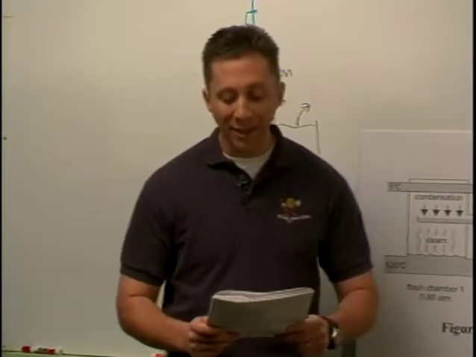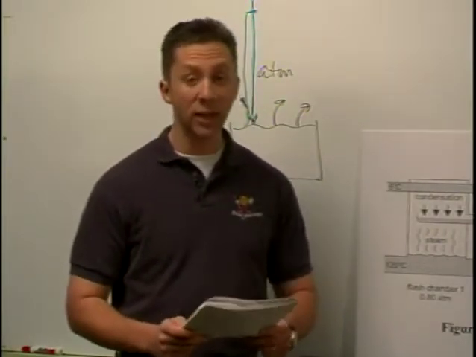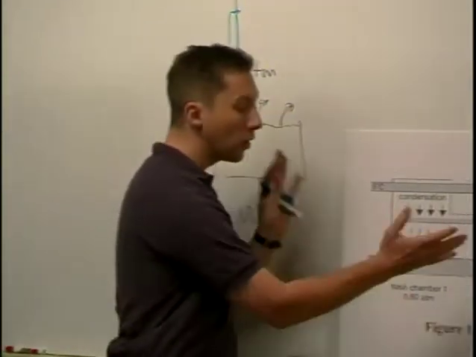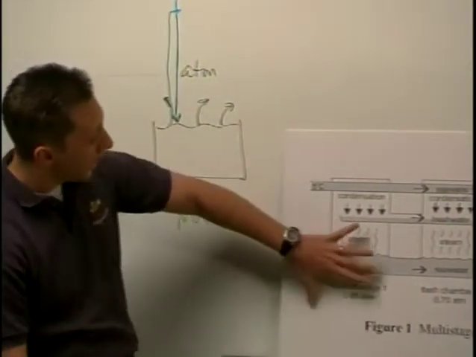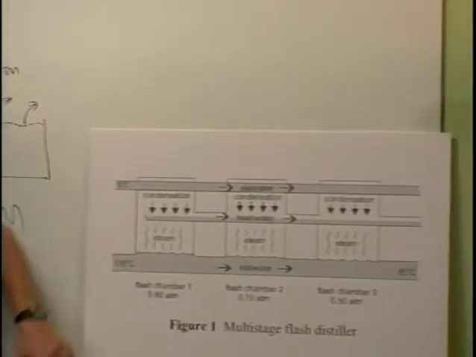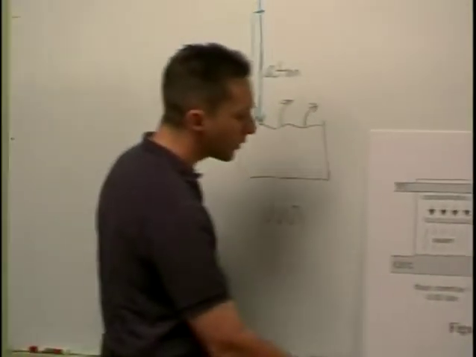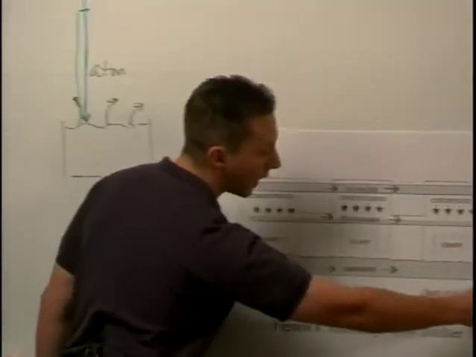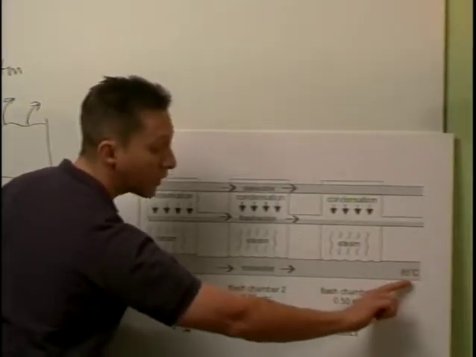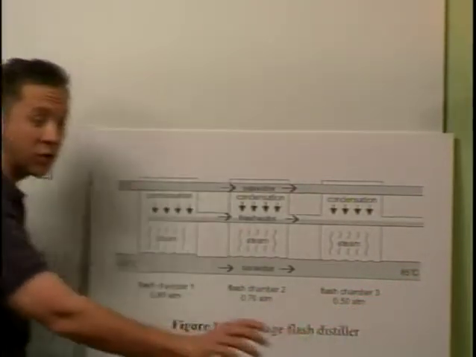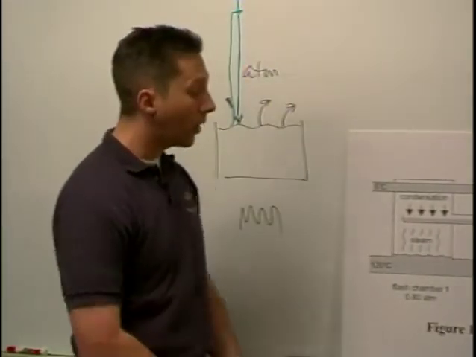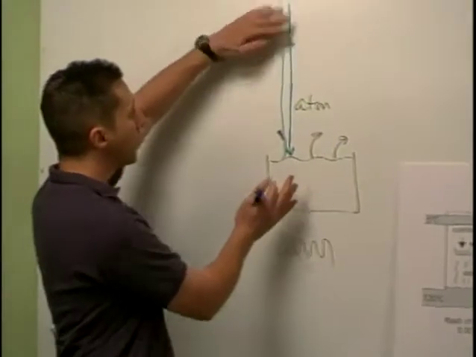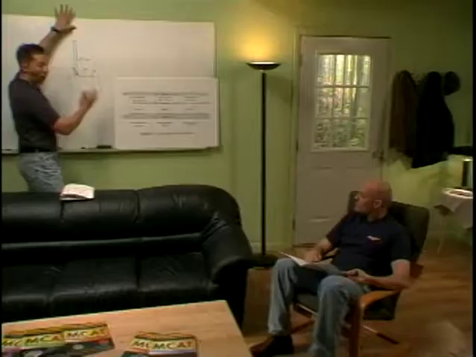16. What is the reason for maintaining successively lower pressures in each flash chamber? So again, looking at the big picture, why are we maintaining successively lower pressures in each flash chamber? We've got the 120 degree seawater coming in, and you can see as the seawater exits over here, it's at only 85 degrees Celsius, which is below the boiling point of seawater, because we learned the boiling point of seawater under normal atmospheric conditions would be 102 degrees Celsius.